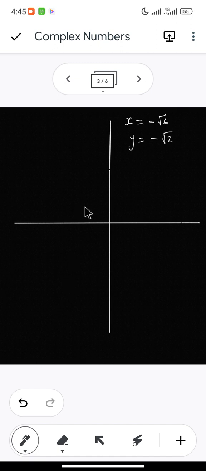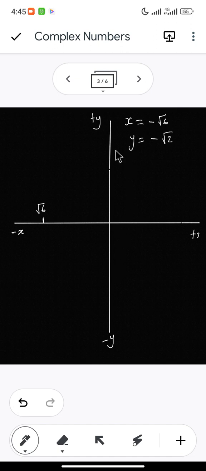So it's obvious that this is the positive y, the positive x, the negative y, and the negative x. Now for x, it's going to be negative, so it's definitely going to be on the left hand side. So remember what I said, you don't need to include the minus, just write root 6.